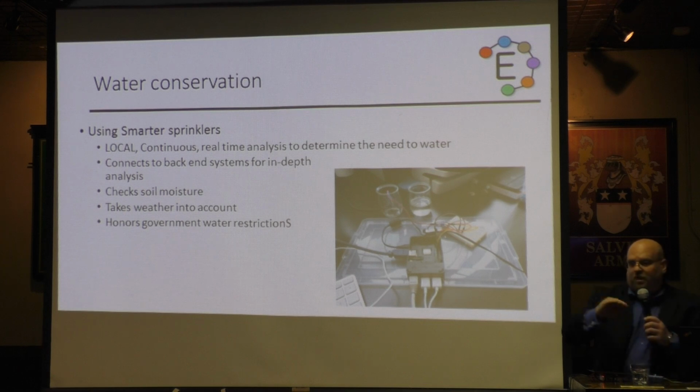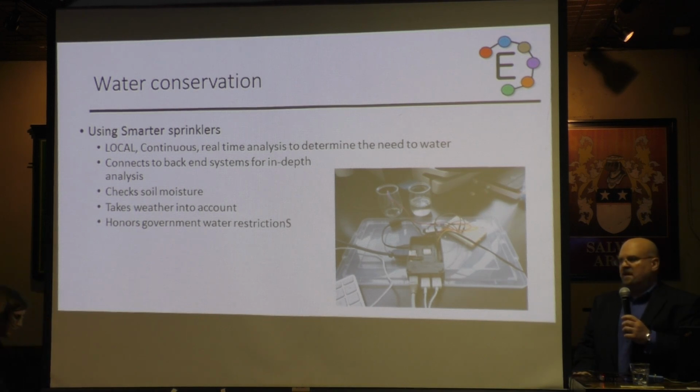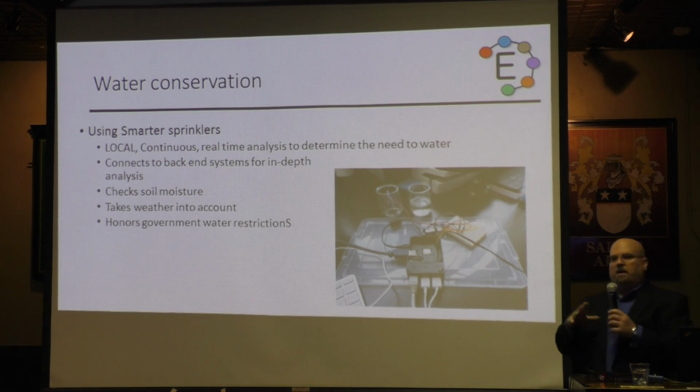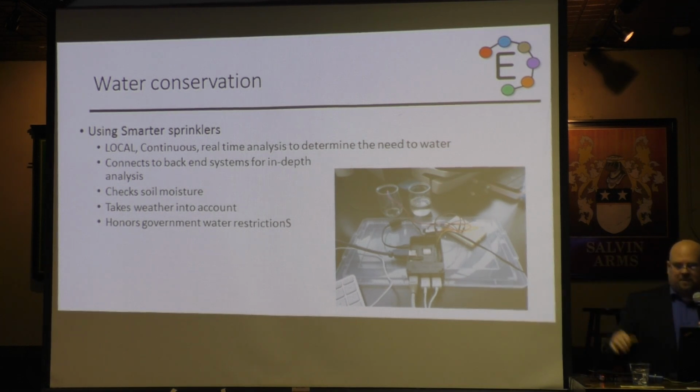So you have a threshold, a calibration, that the sensor would say, I'm looking for so much percentage of moisture. So the moisture sensor will detect when it turns off, not a time-based. Right. It's not time-based. That's the beauty of this thing. That's where the edge analytics comes from, because you're doing it locally. You care about what's in your yard. You don't really care about a general timeline.